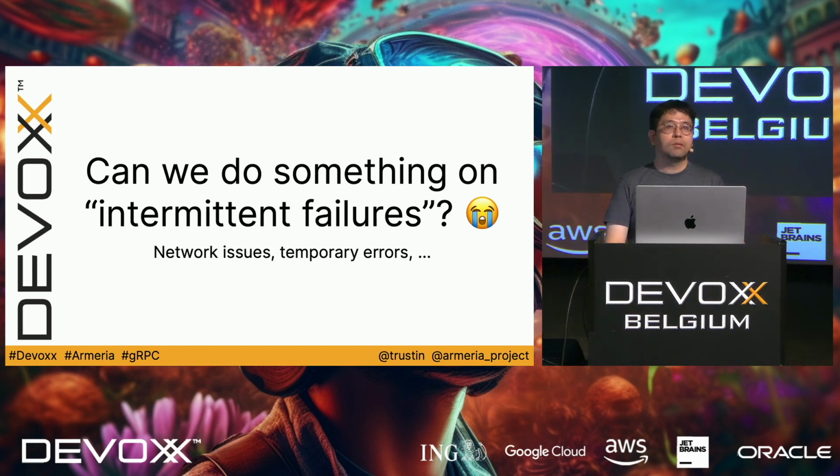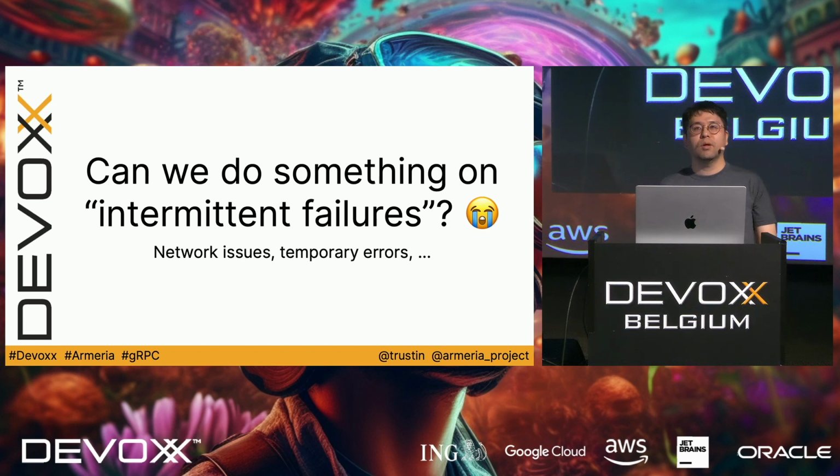But there's also another failure scenario, which is not really related to business logic, but rather related to the environment. For example, there will always be network issues. Some people might replace or upgrade network switches, routers, and sometimes the connection will be closed for unknown reasons.